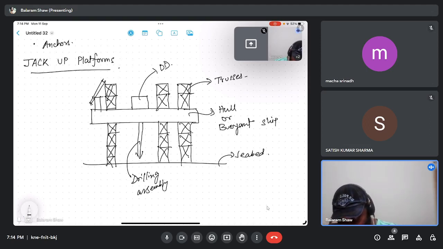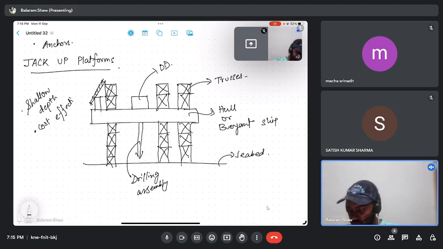So this will be self-driven, or it can be towed with pontoons also. Mostly we use this jack-up platform for shallower depth, and it is mostly cost effective. So this kind of platform is cost effective.